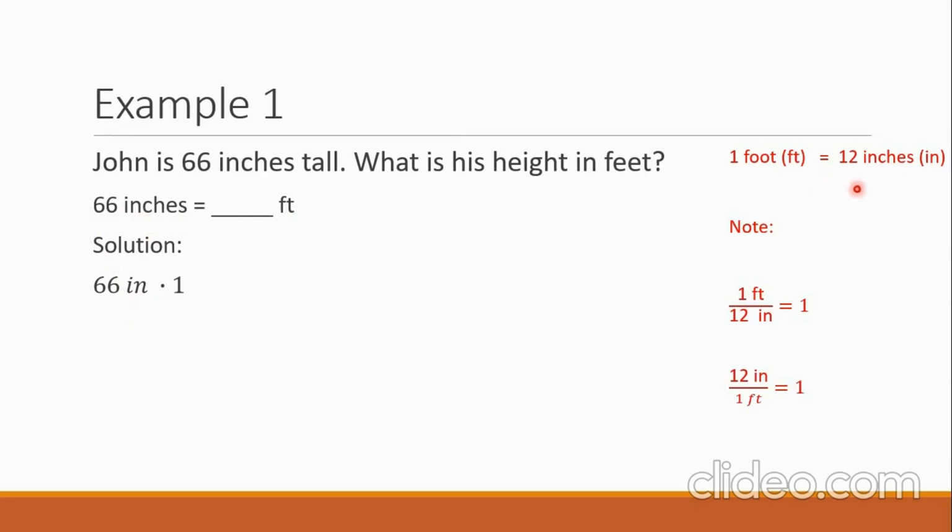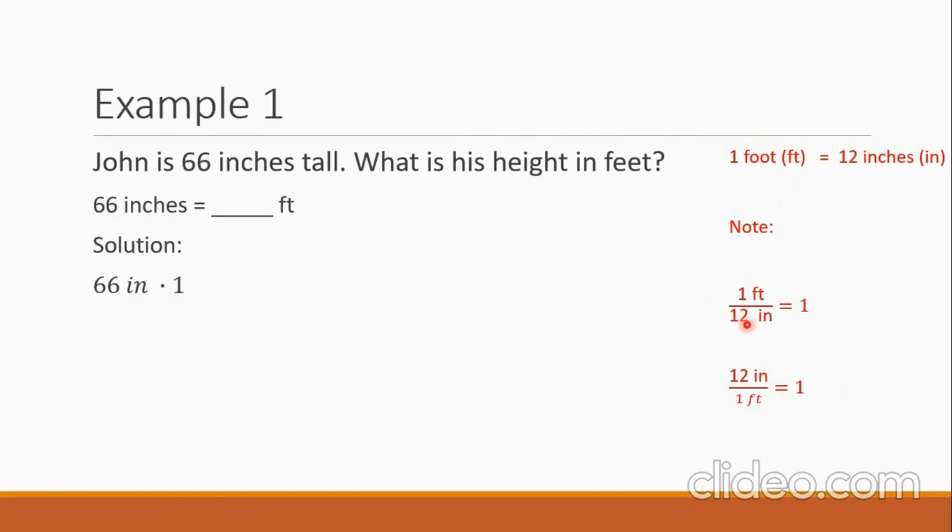It means to say there will be two equations that can be derived from this idea. Since these two are equal, if I put a fraction, putting the foot as numerator and the inches in the denominator, I will get a value of 1, as we see here.